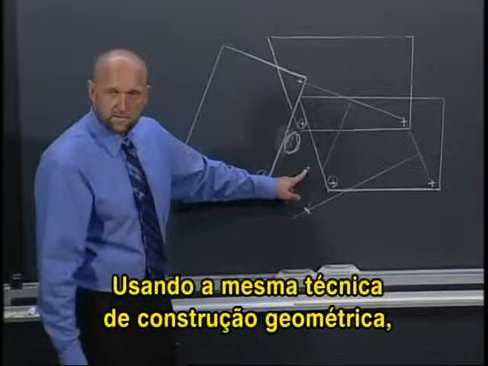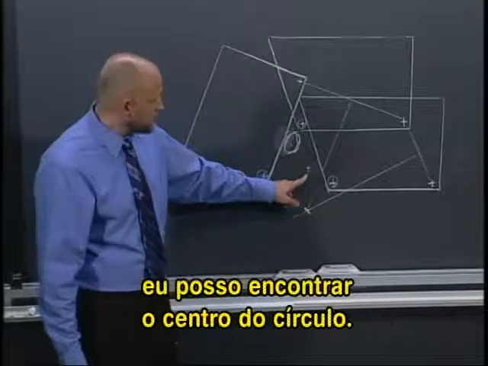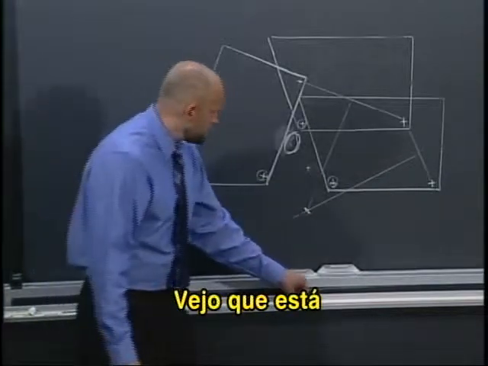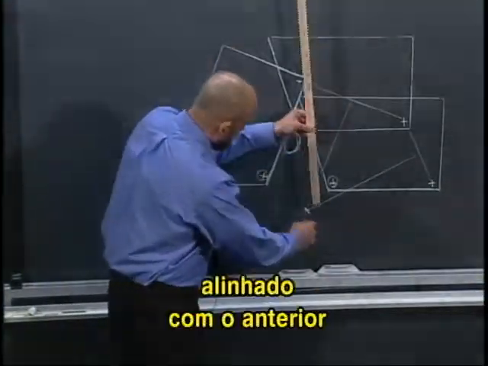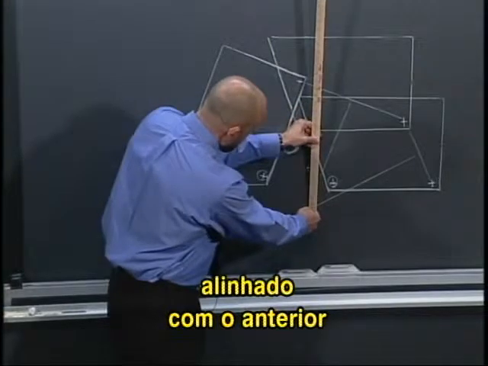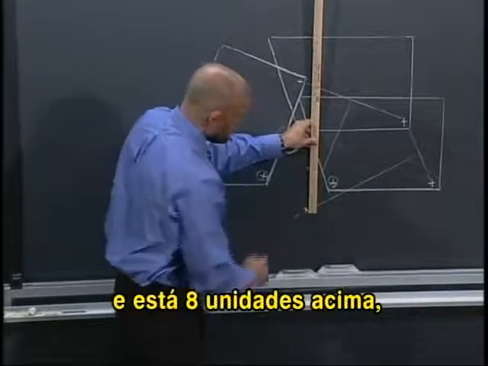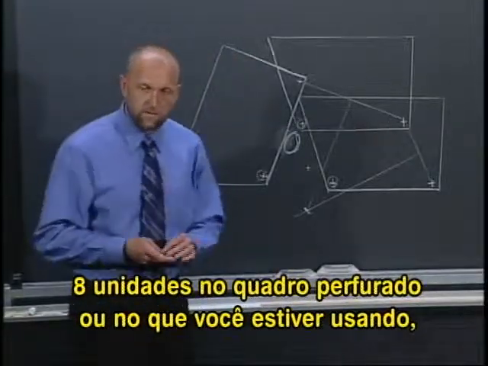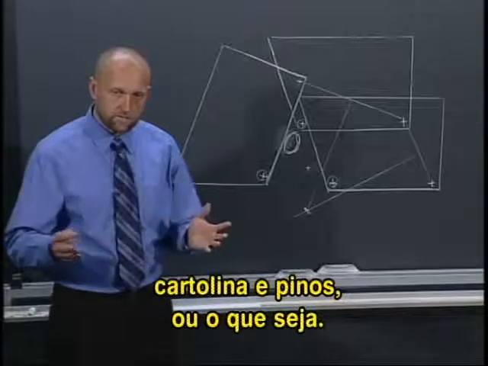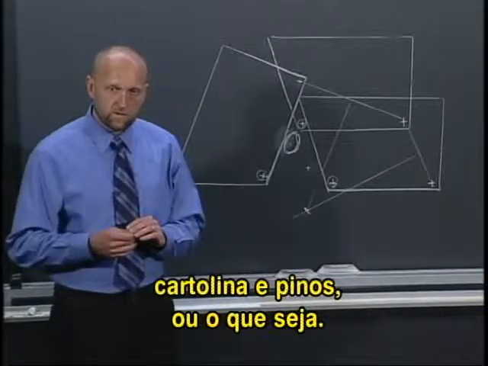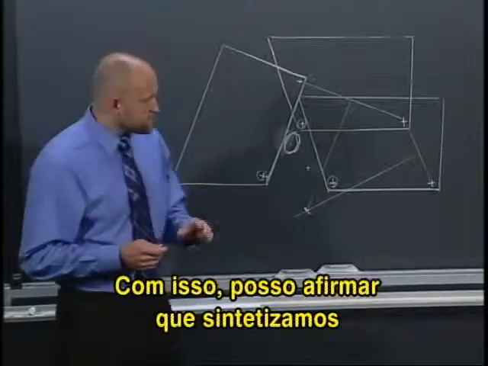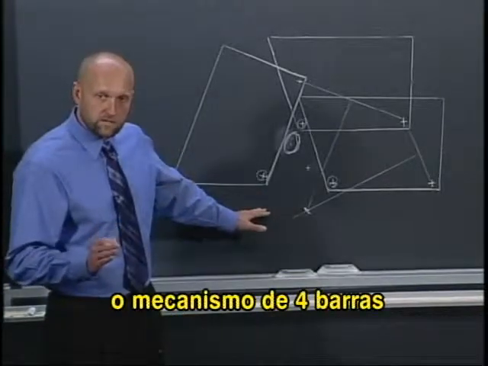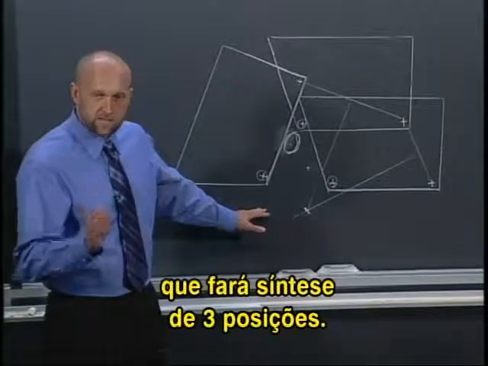Using, again, the same geometric construction technique, I could find the center of that circle, and I would find that it's aligned with the one before, and it's 8 units up above it. 8 units on my pegboard, or 8 units in whatever scheme you're using there, in construction paper and pins, or whatever medium you're using. So I claim that we have now synthesized a 4-bar mechanism that will do 3-position synthesis.